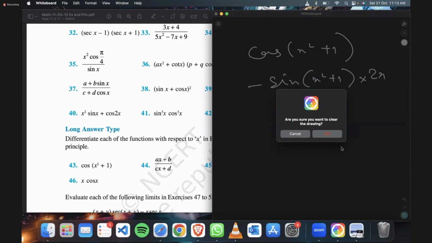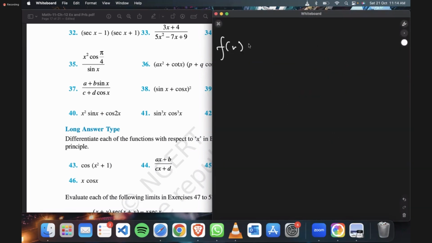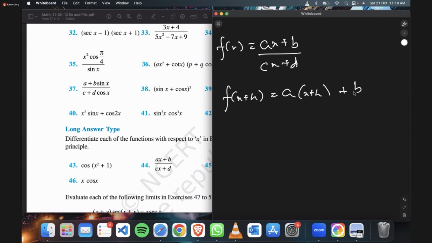So next up, what do I have? f(x) has been given to me as ax plus b divided by cx plus d. What can I write? f(x plus h) is a times x plus h plus b divided by c times x plus h plus d.